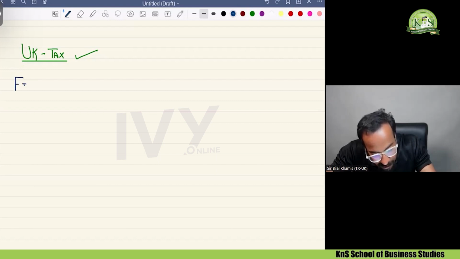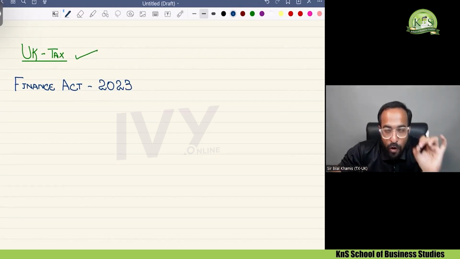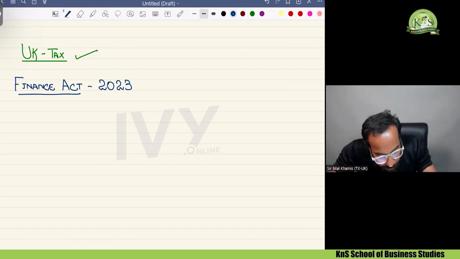The second thing, which is very important for the purpose of this tax year, is Finance Act 2023. This is the textbook which will be followed during your course outline. What is Finance Act?